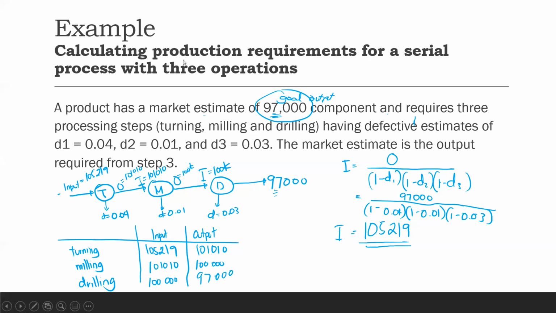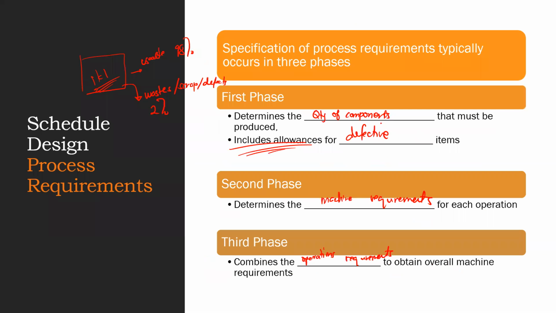Okay, so that would be for our schedule design. Siyempre, may additional pa dito kasi we're on the first phase pa lang. Then for the next meeting, we'll consider computing for machine requirements and operations requirements.